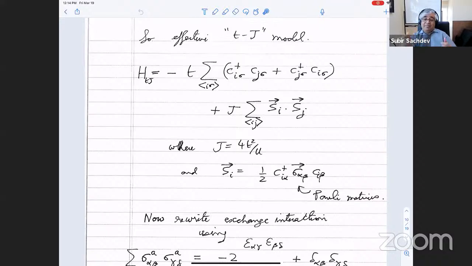So right now, the Cooper pairs that we looked at were effectively S-wave Cooper pairs because there was no dependence of the pair wave function on the angle between the two electrons. But now we'll see that if you allow for higher angular momentum pairing, then this interaction can actually be attractive and lead to pairing. And most people believe that's the basic physics of high TC superconductivity.